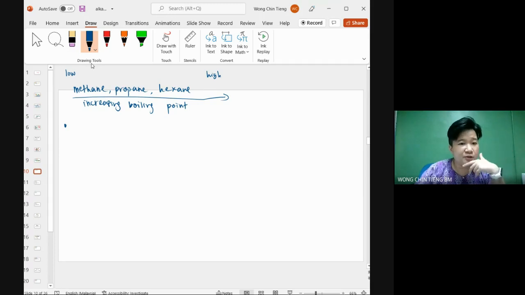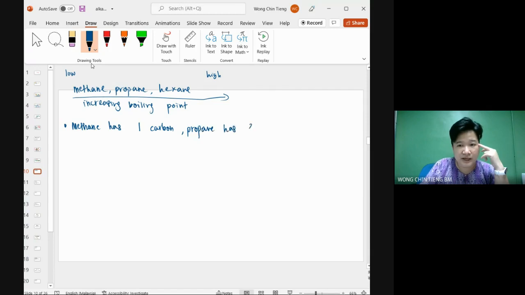The very first thing that you do is you show that they have different molar mass, as simple as methane has 1 carbon, propane has 3 carbon, and hexane has 6 carbon atoms. Saya tak expect English band 6 ya, saya expect English yang betul, content yang betul.